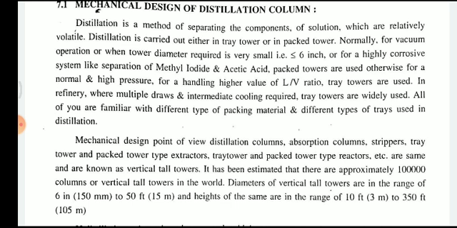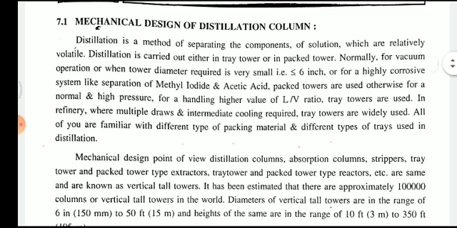Otherwise, for normal and high pressure, for handling a higher liquid to volume ratio, tray towers are used. Generally, distillation towers are mainly of two types used in industry: tray tower or pack tower.